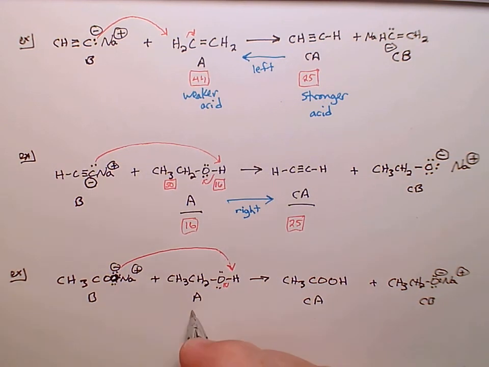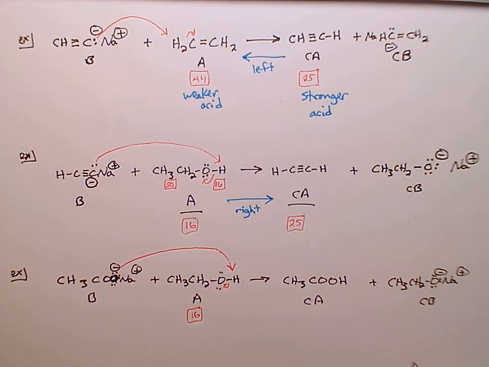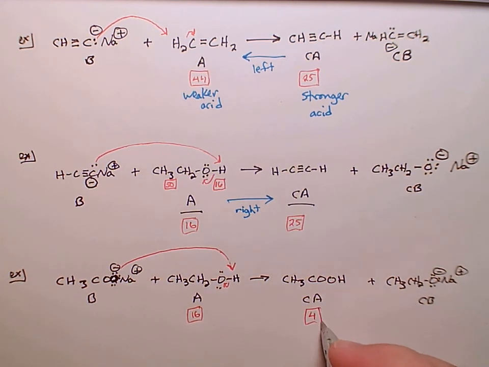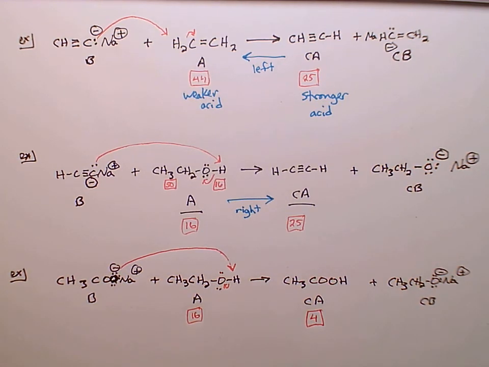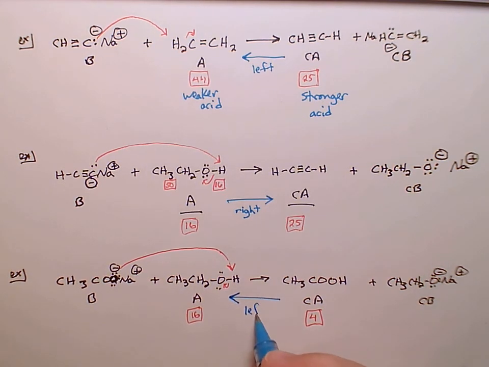This is an alcohol, pKa of 16. This is a carboxylic acid, pKa of around 4 to 5. So let's just put 4, that's a nice number. Which is the weaker acid? Larger pKa, weaker acid. This equilibrium lies to the left. Okay.